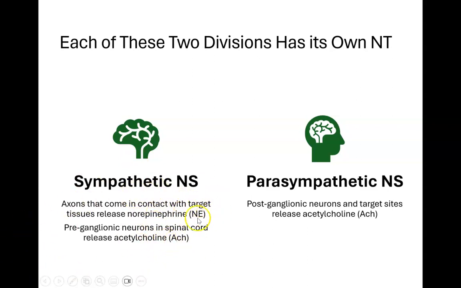But the ones that come into target tissues, those are going to be the more critical ones. Norepinephrine is critical here. For the parasympathetic nervous system, postganglionic neurons at those target sites are going to release acetylcholine. So it is kind of interesting that acetylcholine is involved in both of these divisions.